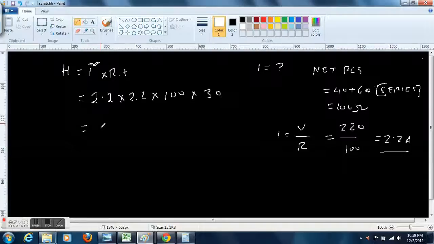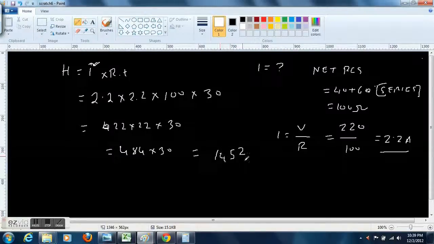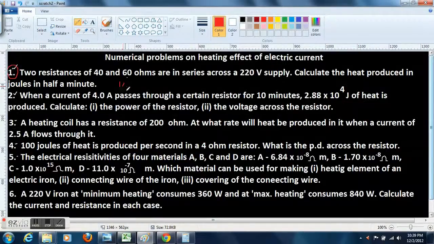So now if we multiply all these things, 2.2 into 2.2 into 100, which is coming to 22 into 22, which is 484, multiplied by 30, which comes to, let us do the multiplication, 14520 joules. Therefore, the amount of heat produced will be 14520 joules. So let us write the answer here, 14520 joules.